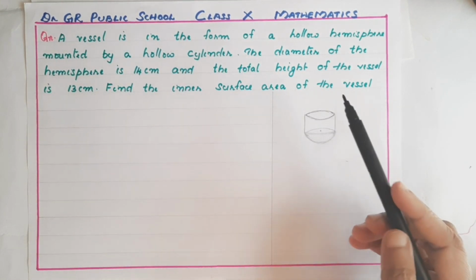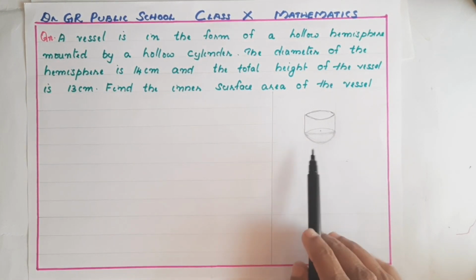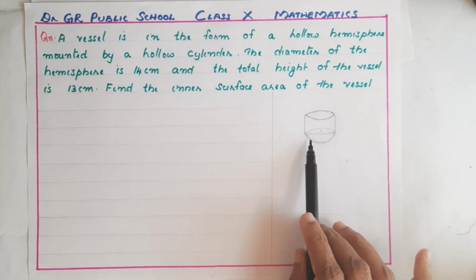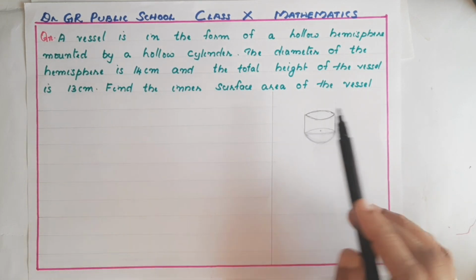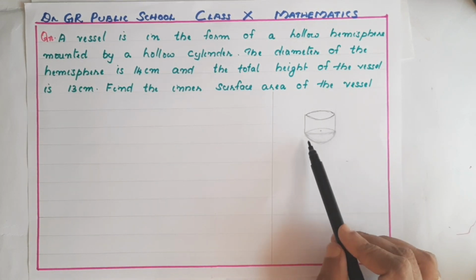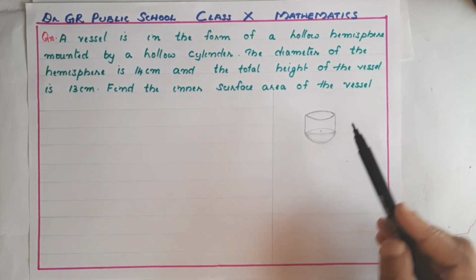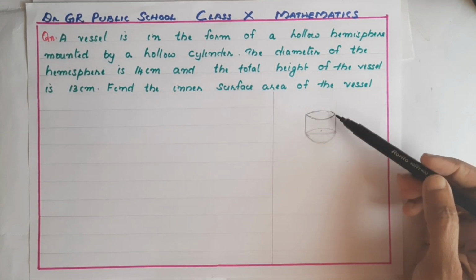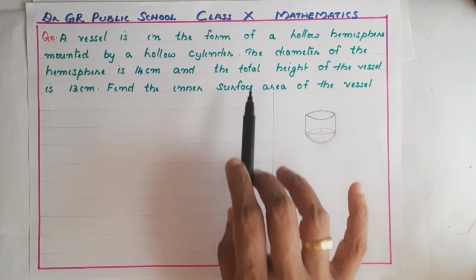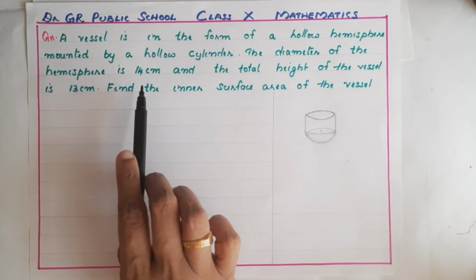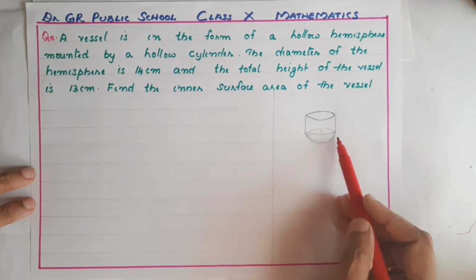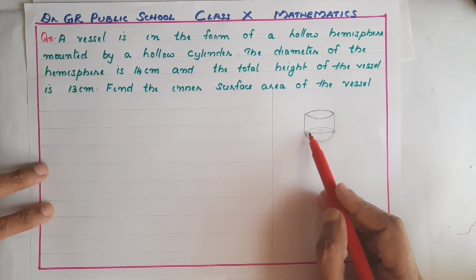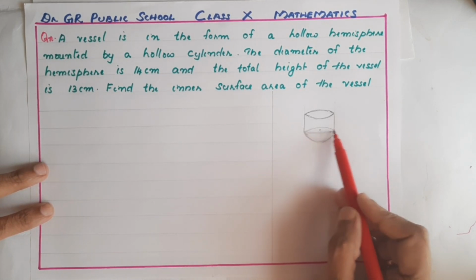A vessel is in the form of a hollow hemisphere. Here we have a hollow hemisphere and it is mounted by a hollow cylinder. That means above the hollow hemisphere we have a cylinder. So the diameter of the hemisphere is 14 centimeter.